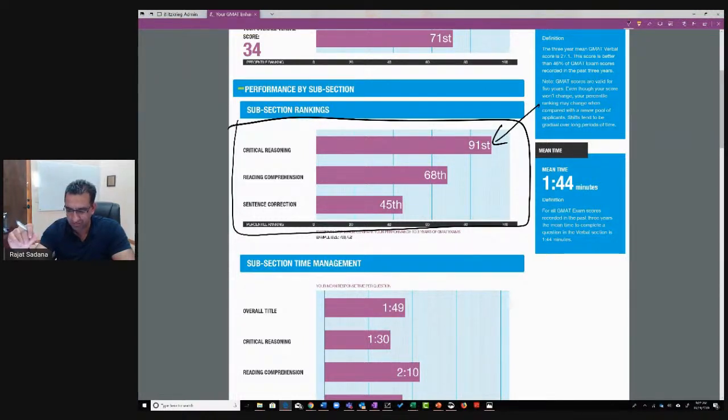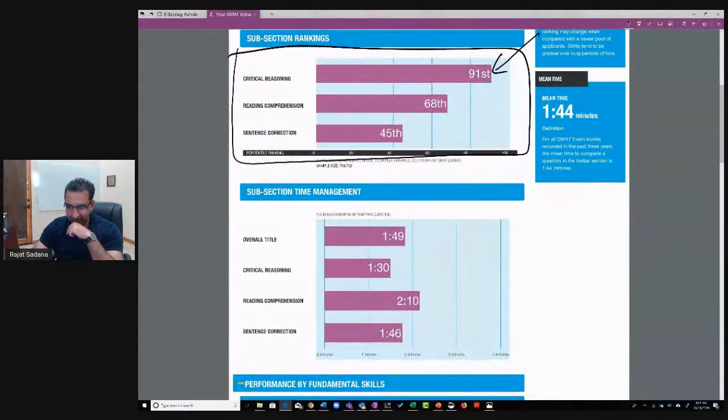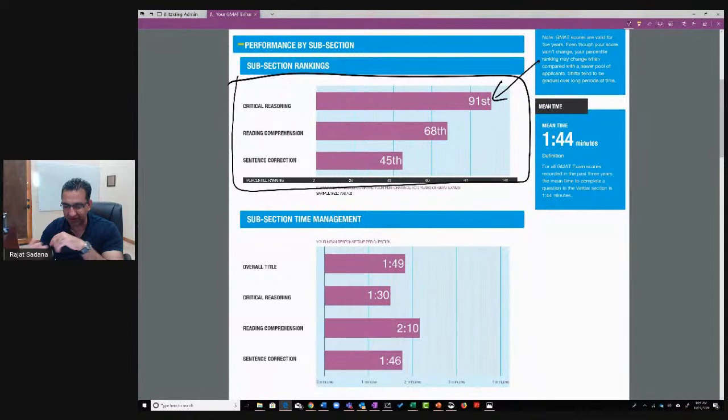Just look at these three numbers and tell me. Again, there's a bit of delay, so you may see that I'm muted. SC is weak. Yes, good.